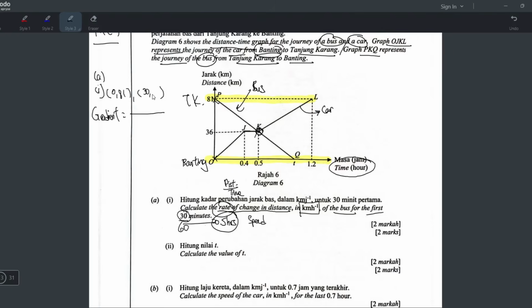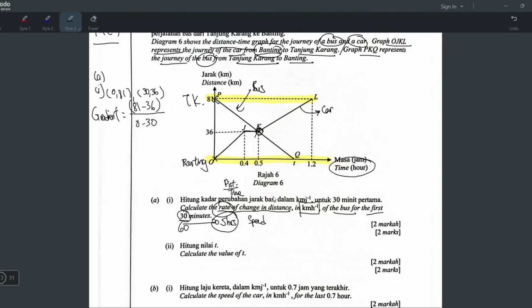Okay, imagine if you write 30, 36, you will do y minus y, 81 minus 36 over 0 minus 30. But why is it wrong? Because 81 minus 36 is in km, right? 81 is in km. But if you do 0 minus 30, it will be in minutes. So later, your speed will come out in kilometer per minute. Then it's wrong already because the question is in kilometer per hour.